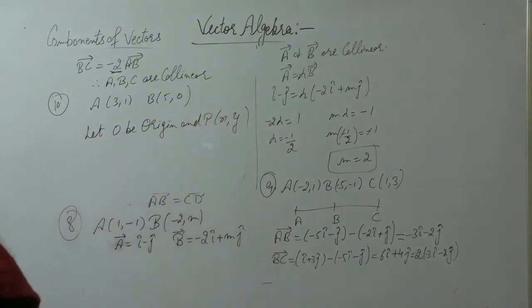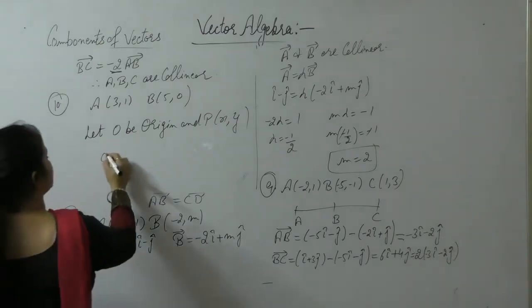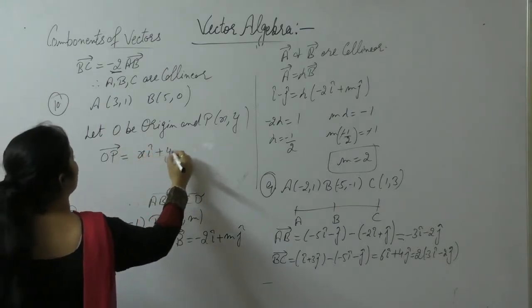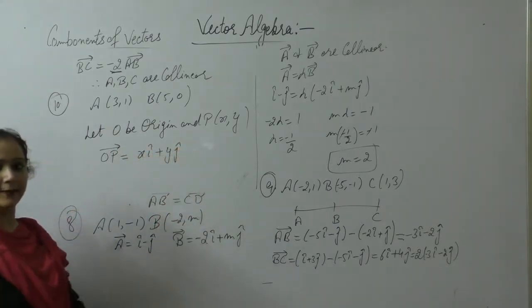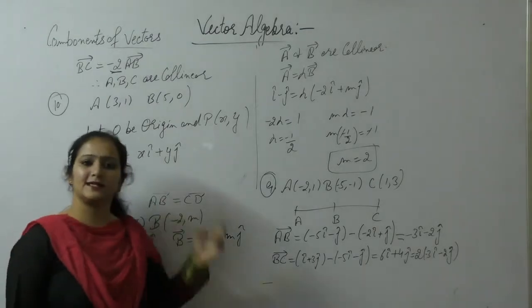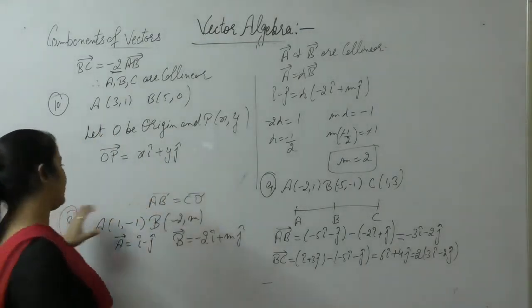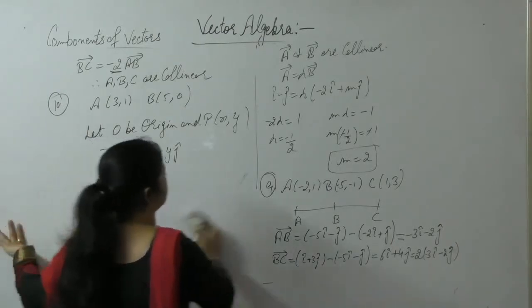P (X, Y) is the required point. Then P is the tip of vector OP, that is equal to Xi plus Yj cap, minus the origin 0i plus 0j, that is it remains Xi plus Yj cap.